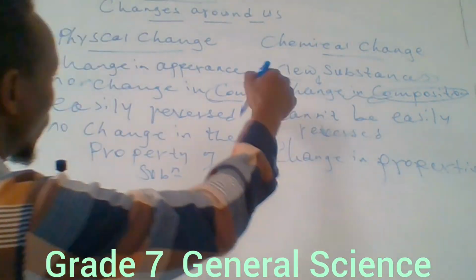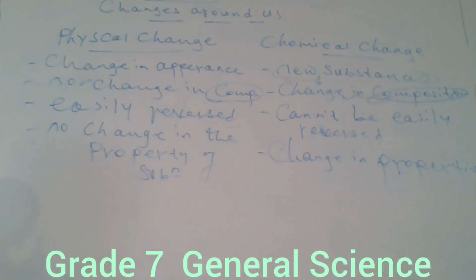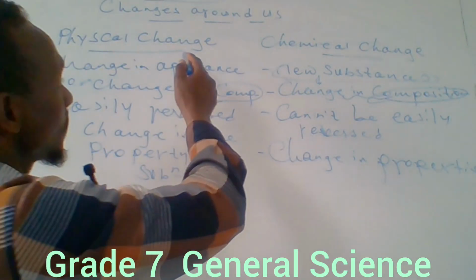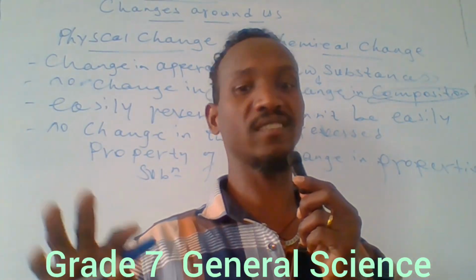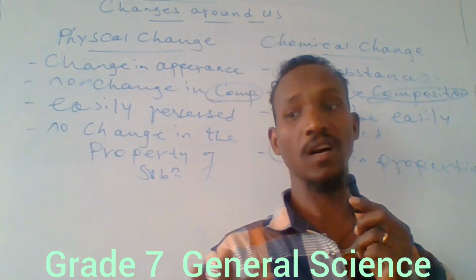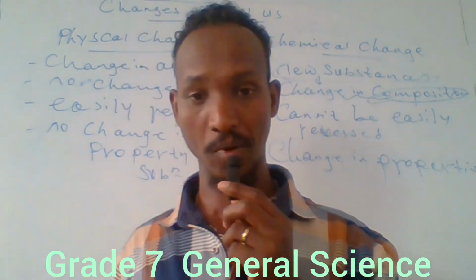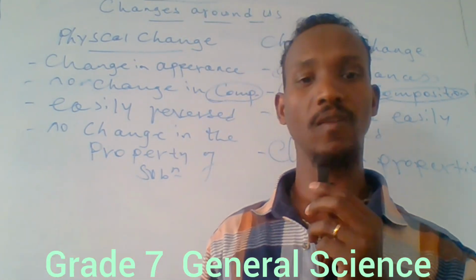This is the difference between physical change and chemical change. The similarity between both is that they are changes that can happen around us.